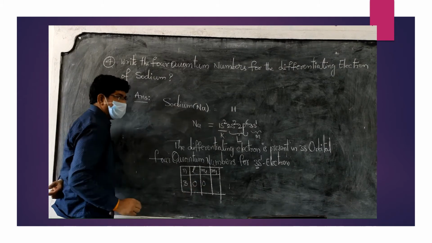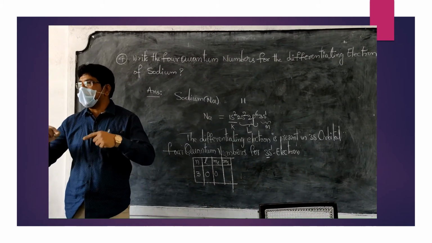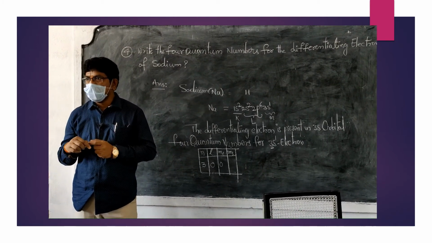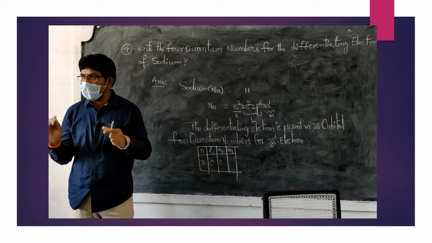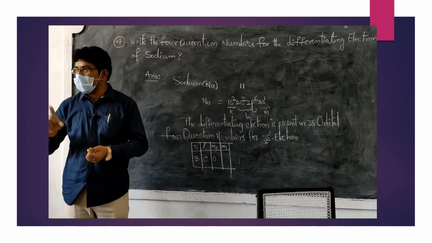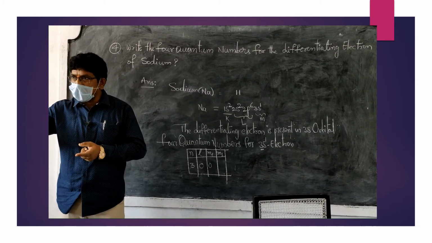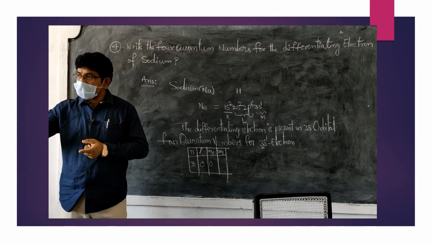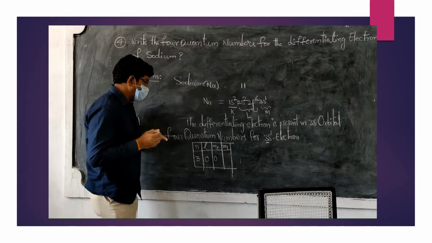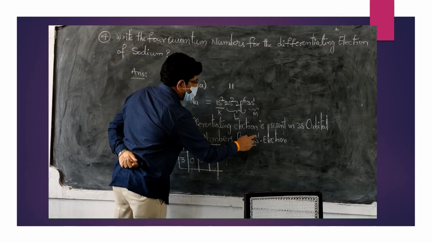Why? Because the magnetic quantum number takes values from minus l to plus l, and the maximum number of values is 2l plus 1. So if l is equal to 0, how much? 2 times 0 plus 1, that is only one value, that is 0. So plus or minus 0 is 0 itself. Next, how many electrons are present here? 1.